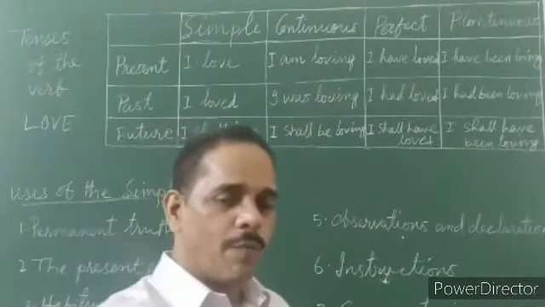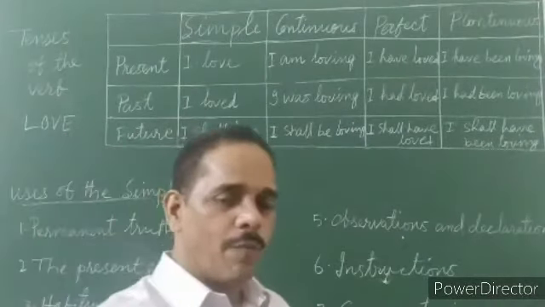The basic thing is subject plus verb. I laugh: I is the subject and laugh is the verb. So normally that is how we learn when we are small children. Which form of the verb? First form of the verb.